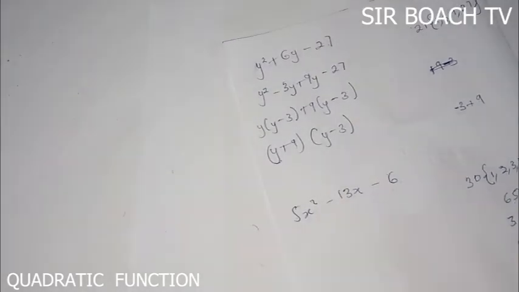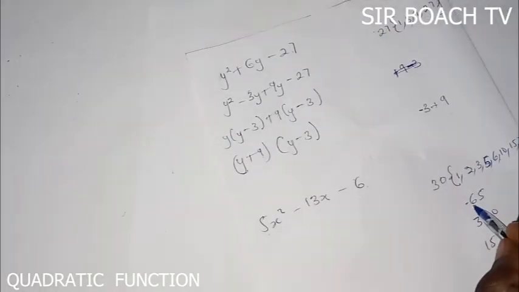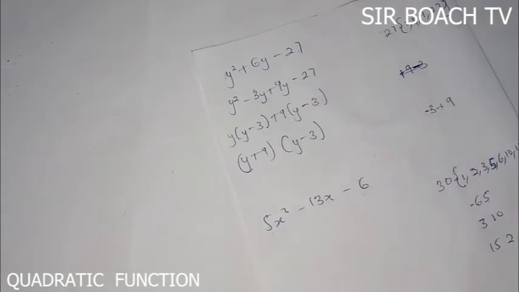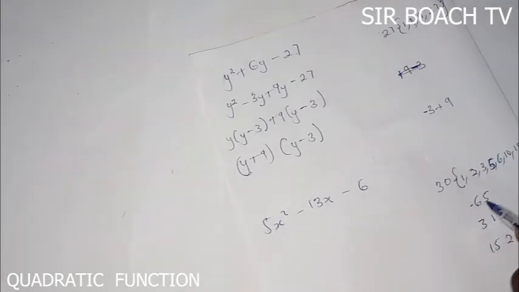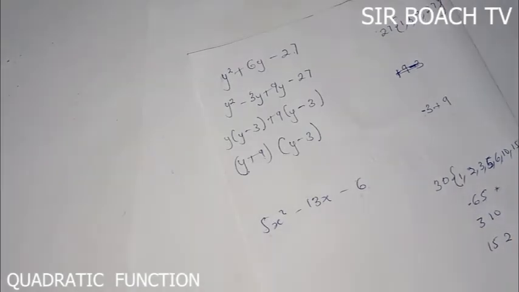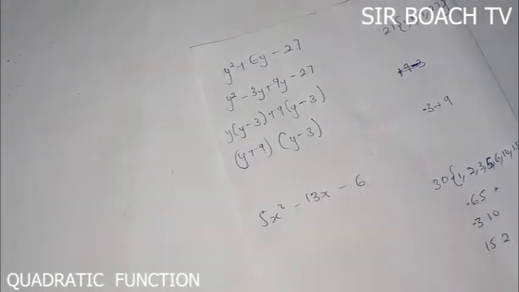Now, if I make here negative, 6 times 5 will give you minus 30. It qualifies. But when I add, I'm not getting minus 13. So let's put hold on that. Now, if I make here minus, 3 times 10 gives you minus 30 as we are looking for.